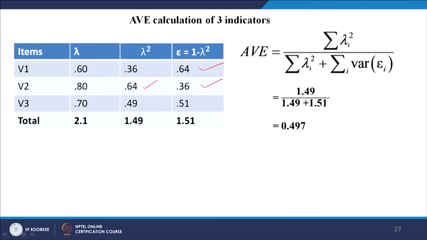For V2 it is 0.8, with 0.64 and 0.36. So we have the total of lambda, lambda square and variance. Using this in the formula we can calculate, and similarly you can calculate for your own study. The summation 1.49 divided by 1.49 plus 1.51 gives 0.497.